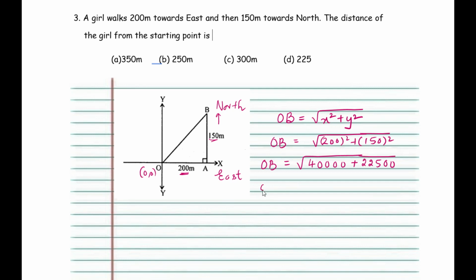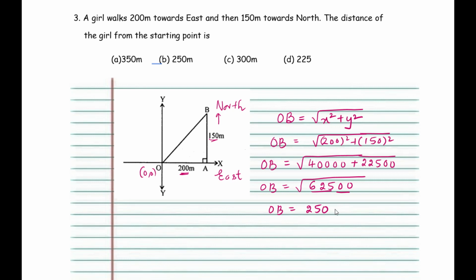Now if we add, OB equals 62500. Now OB equals square root of 625 is 25 and 2 zeros is written as 10.